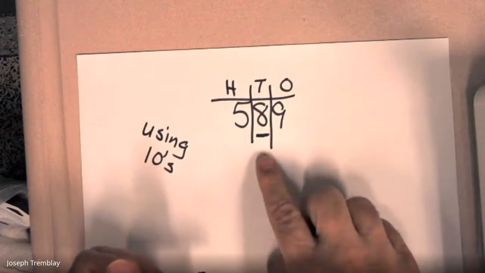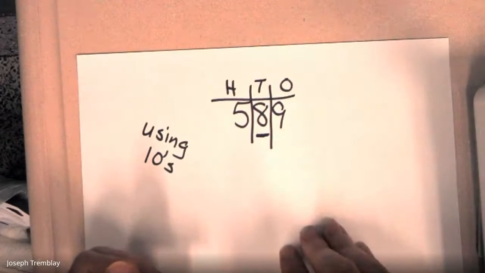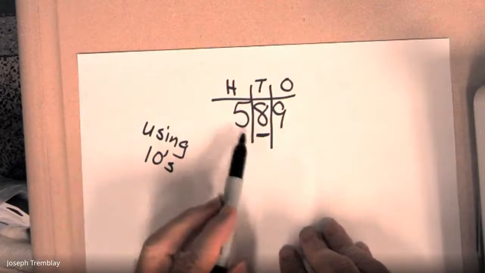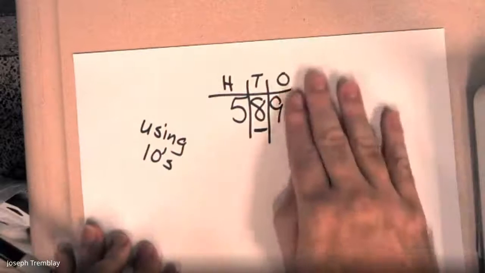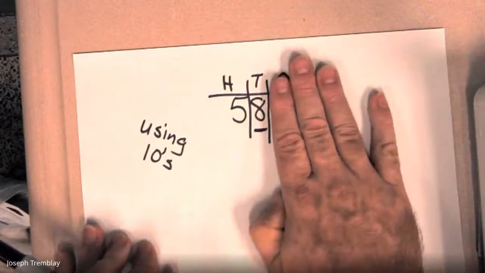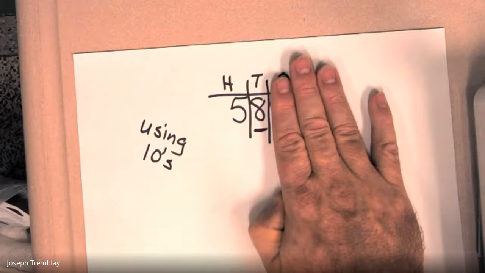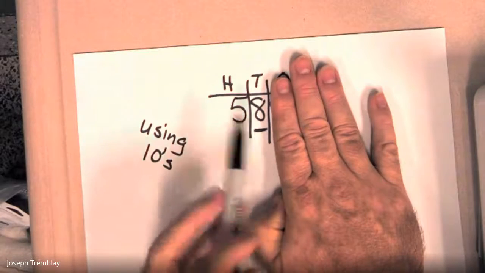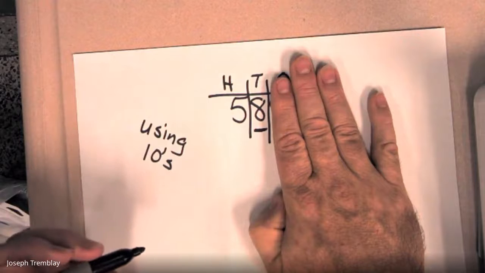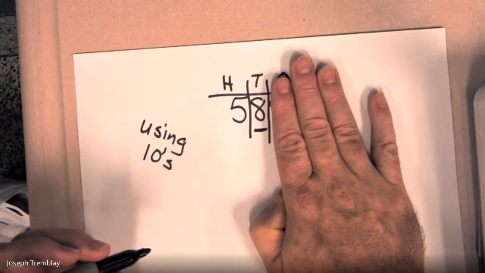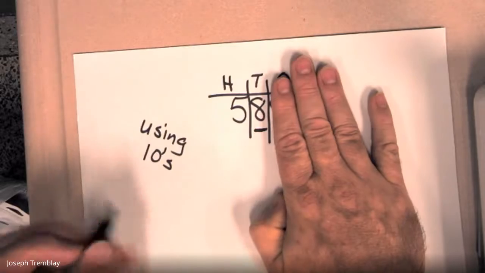Well, it looks like I have 8, but I really have more than that because I've got all these over here too. So if I cover up the 9, it tells me how many tens I have. How many tens do I really have? 58 tens. Wow, that's confusing.